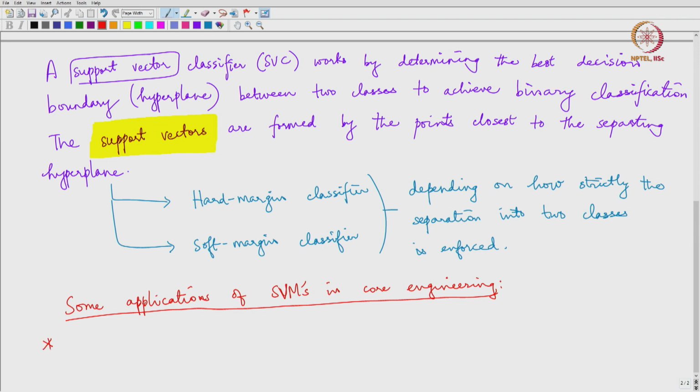So one use case for classification could be fault detection, right, and once you have detected the fault you also want to diagnose what type of fault it is. So fault detection and diagnosis in devices or machinery. So if you are an aerospace engineer or a mechanical engineer, this is something that you may want to use a support vector classifier for, right.